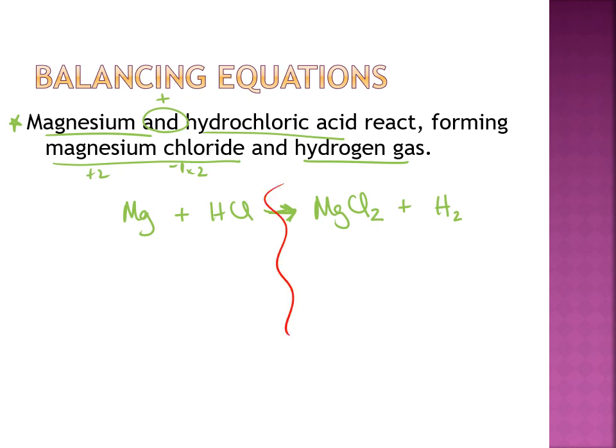Reactants and products: I have 1 magnesium, 1 magnesium, 1 hydrogen, 2 hydrogens. I need to fix that, put a 2 here. My 2 hydrogens also gives me 2 chlorines, which is good because I definitely have 2 chlorines right there. Equation is balanced. And again, if you want to throw in those ones, you can, but you don't have to. You could definitely leave those spots empty, and it's assumed that there's an invisible one there.